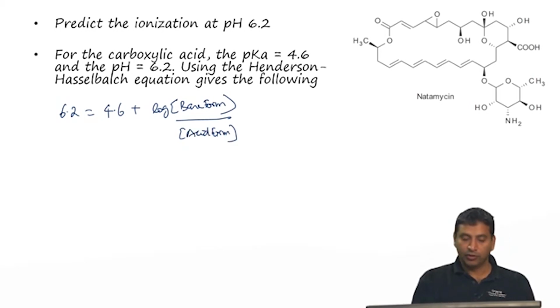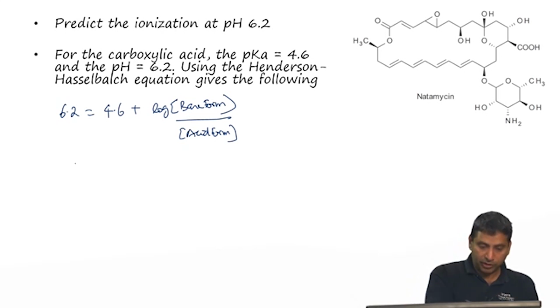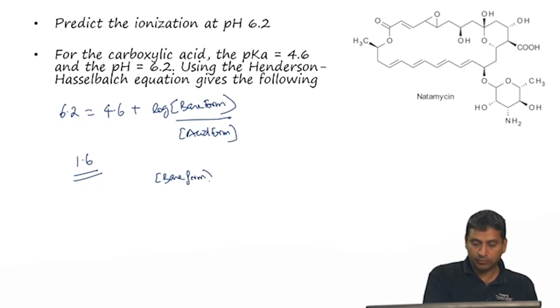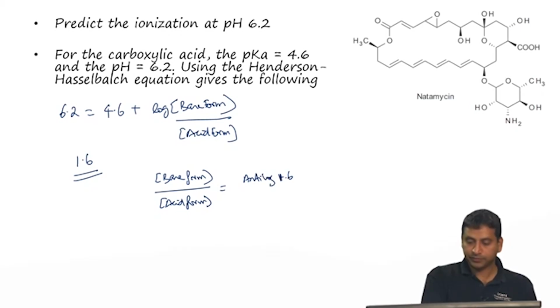Okay. So, if you look at this, the value turns out to be 1.6, and then if I take the antilog, the concentration of base form by acid form would be the antilog of 1.6, which turns out to be 39.8.